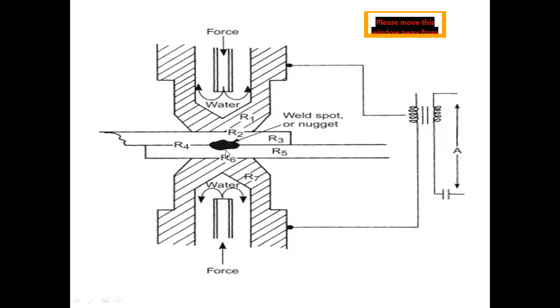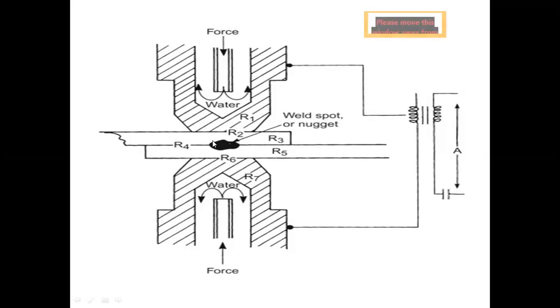Whenever high current flows, a spot is created where high resistance will be created. Then high resistance causes a fusion point temperature.